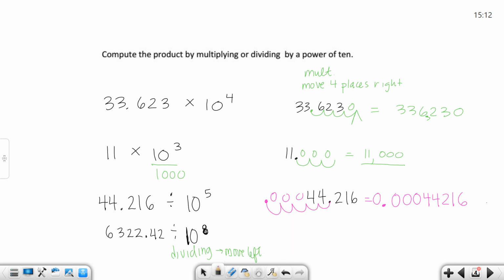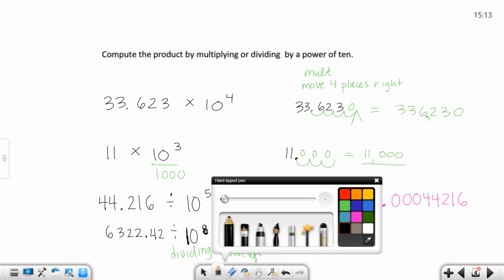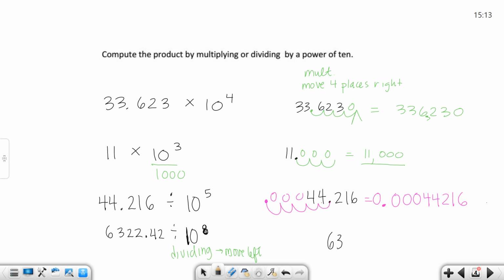Ooh, I gave you big numbers, sorry about that. So our next one is 6322.42, and we're going to move 8 places. Let's see if we can get my numbers back, sorry. There we go. 6322.42.